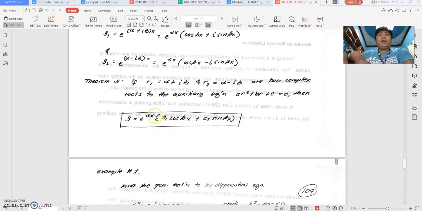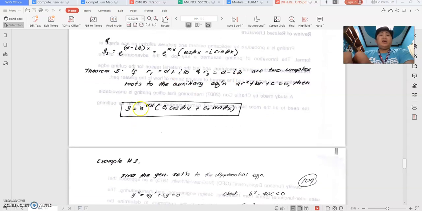And you will automatically have two arbitrary constants since in this imaginary case you will always have two roots. So your y will be equal to e raised to the power of alpha x times c sub 1 cosine beta x plus c sub 2 sine beta x.